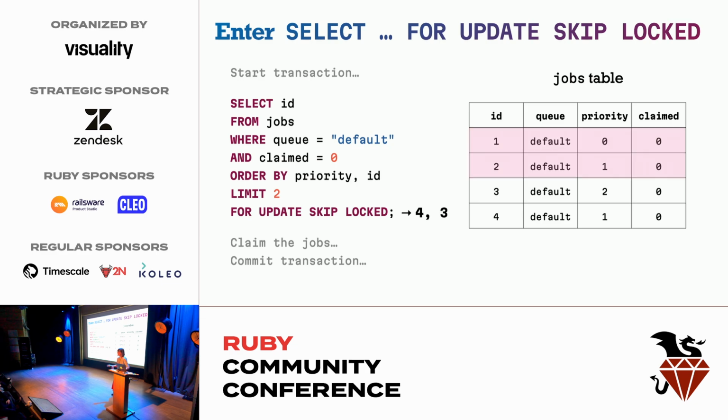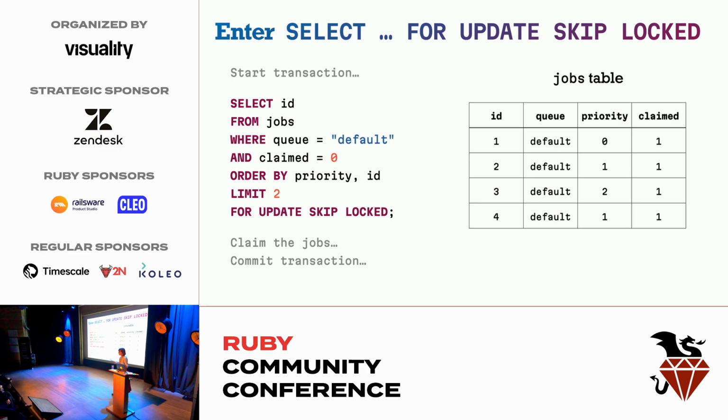But the other worker that is running the same query will return the next 2 rows immediately, because the first 2 are locked, so those are skipped, and it will just pick the next 2. So now workers can poll without running into each other, without having to wait, so that's great.